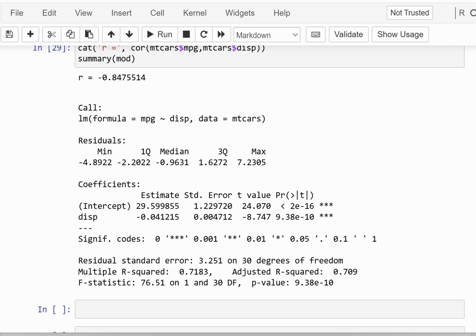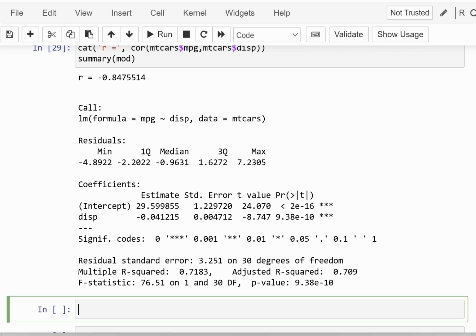It doesn't really tell me R. It tells me multiple R squared and adjusted R squared, and it gives me a p-value, which matches this p-value in the model up here, but it doesn't actually tell me what R is equal to. Okay, so what am I going to do? I am going to just include the correlation in a cat statement above, so I have it, and saves me from calculating it later. And what am I going to do here with the reporting out?